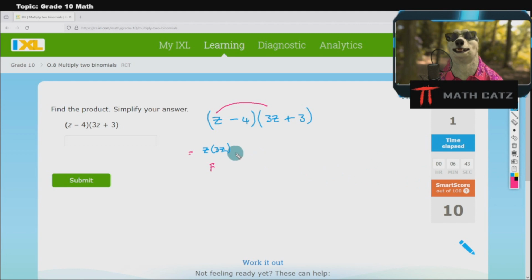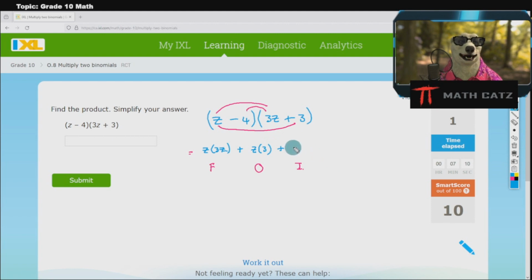Then we're going to go outside. Outside ones are over there. That is z times 3. Adding those. Then we're going to go inside ones. According to FOIL, will be these two.